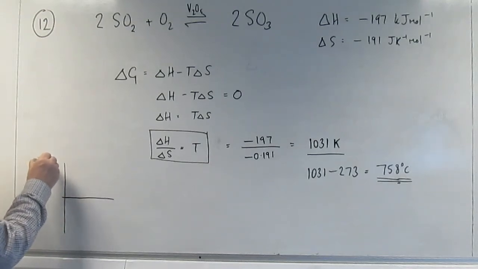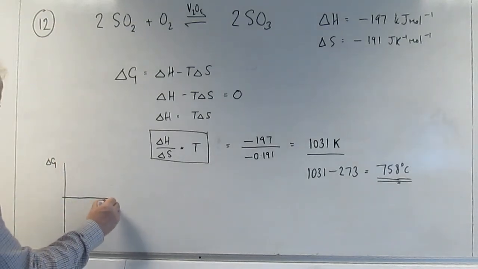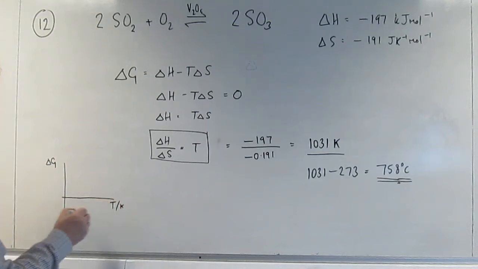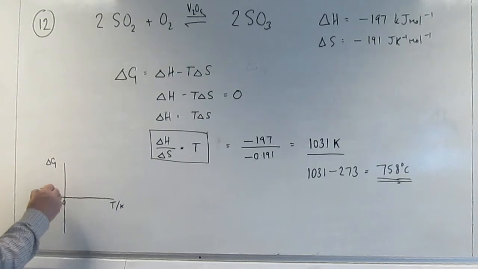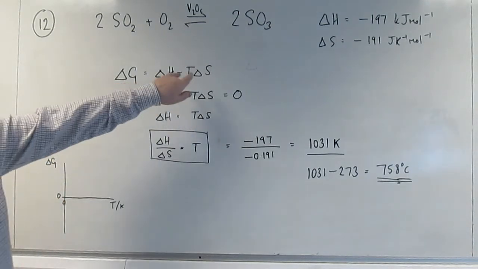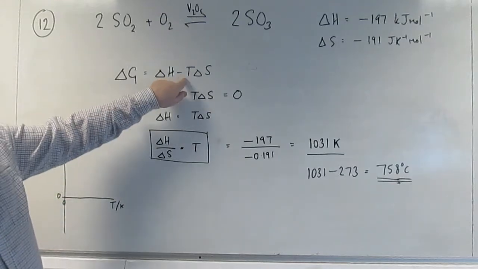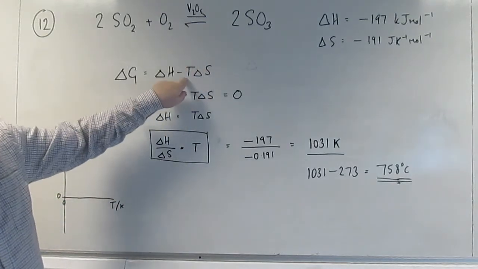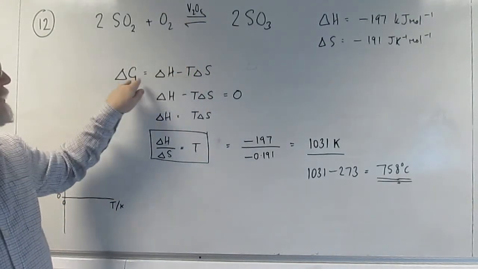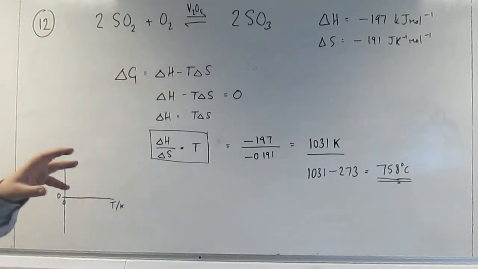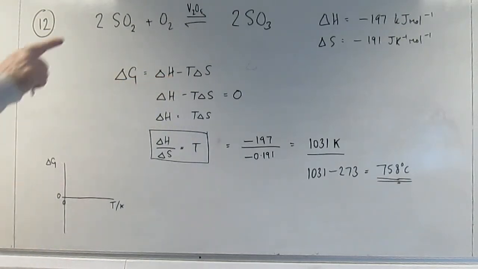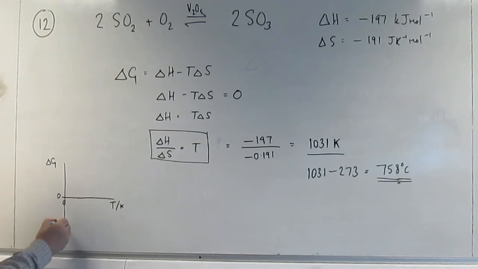If you imagine a graph of delta G against the absolute temperature, so this would be absolute 0 up there, and this is delta G is 0, then from this expression, you know that at absolute zero, when T is 0, this whole term will vanish, because 0 times anything is 0. So delta G is equal to delta H at absolute 0, which is minus 197.